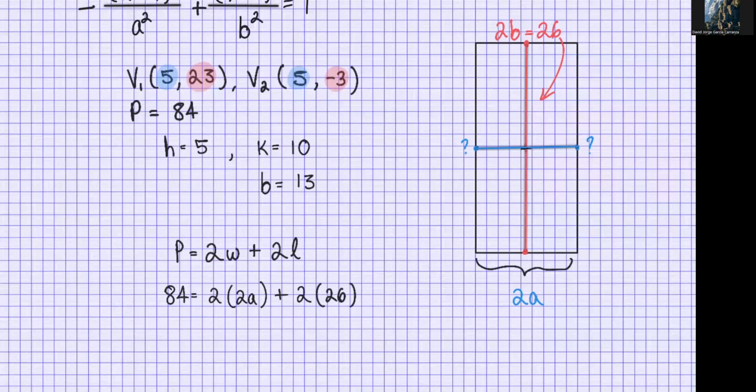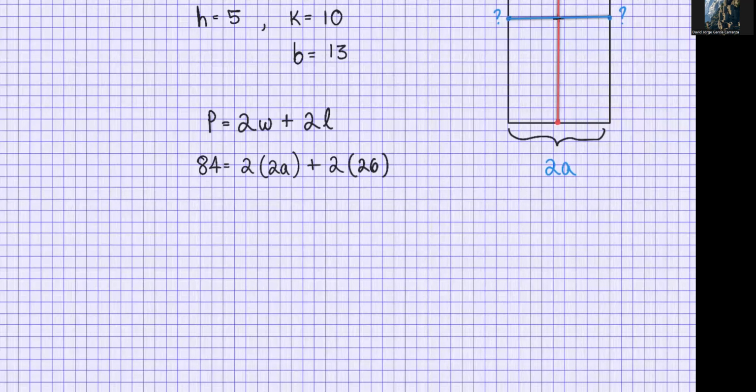Now it's just a matter of isolating a, and we will have all the information ready. So 84 will be equal to 2 times 2a, which is 4a, plus 52.